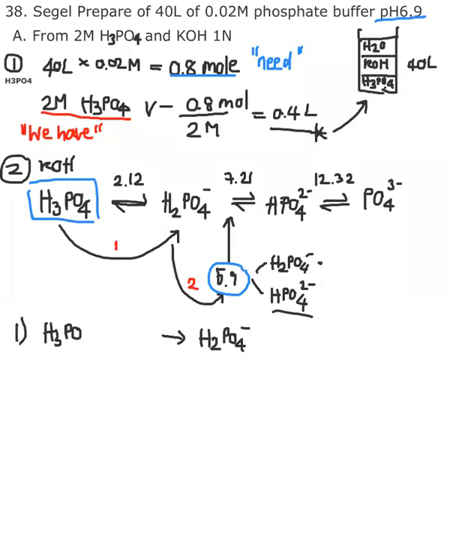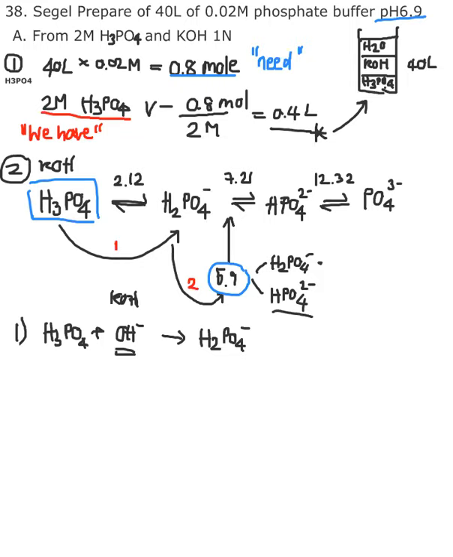At step 1, H3PO4 needs to be changed into H2PO4 minus. Of course, we need hydroxide ion to change H3PO4 to H2PO4 minus, and this hydroxide ion comes from KOH, right? Since we begin from H3PO4, very, very acidic, at that point 100% of the solution is in H3PO4 form.